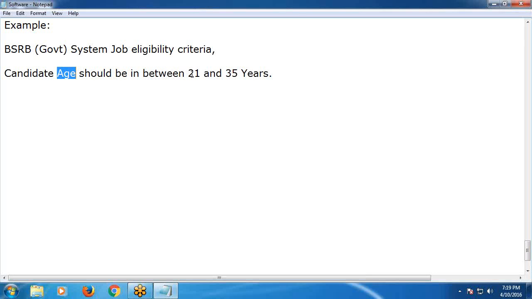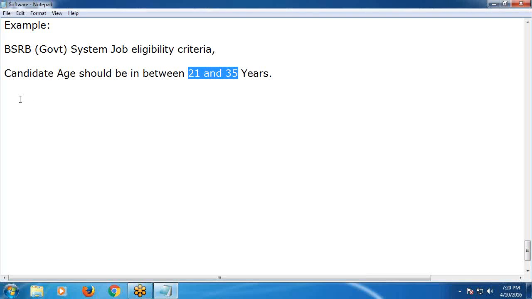Next, 21 to 35 years, so a range of data. If the requirement is like this, you can easily make partitions based on the data range and data type, find the boundaries and prepare a small set of inputs.